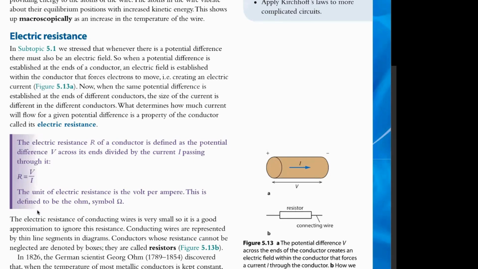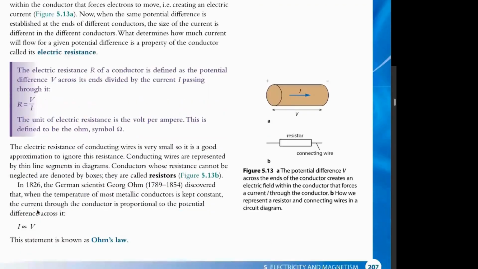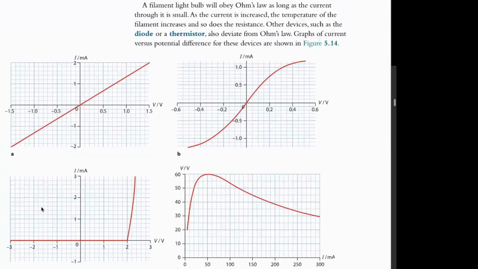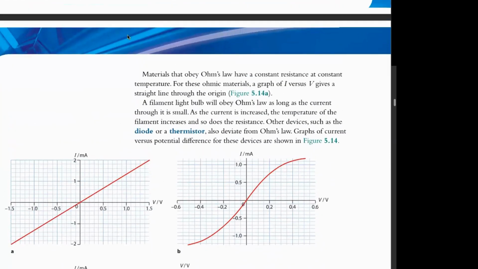What law is this? That's Ohm's law. Very good. Ohm's law is R is equal to V by I, or I can also write it like V is equal to IR.